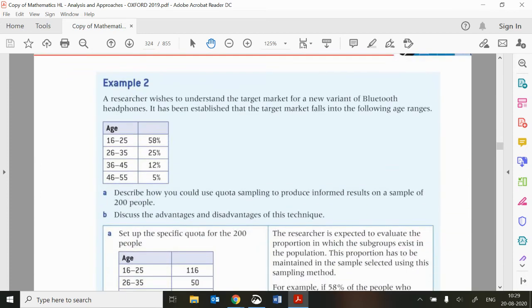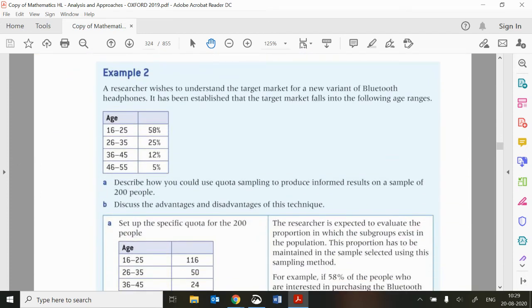Okay, so in example 2, it says, a researcher wishes to understand the target market for a new variant of Bluetooth headphones. It has been established that the target market falls into the following age ranges. So you can see the age ranges, and obviously we can see that age 16 to 25 represent a 58% share of this target market.